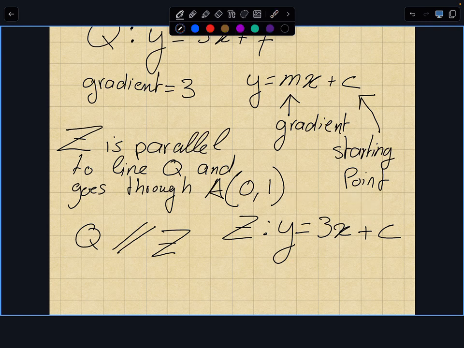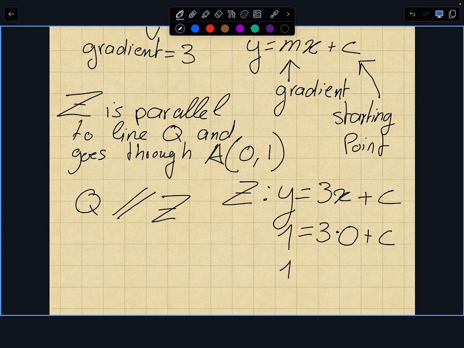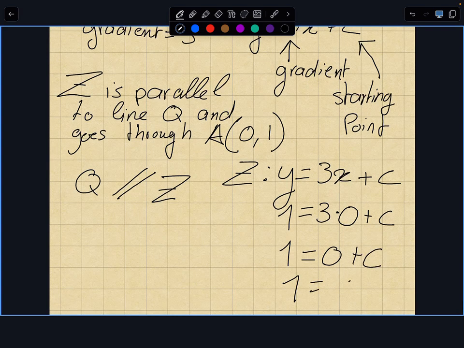So that means when x is 0, what is my answer? My answer is 1. So 1 equals C, that's it. So what is the equation of Z? Y equals 3x plus 1.